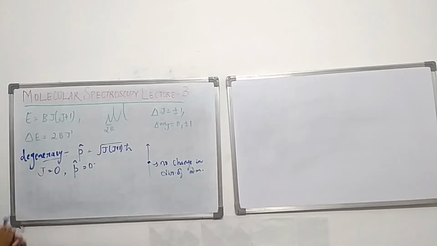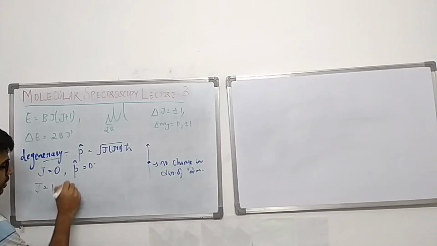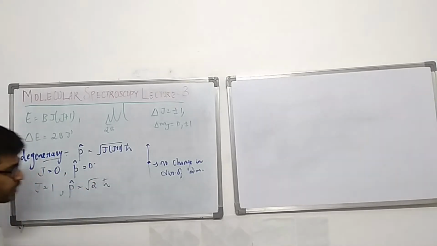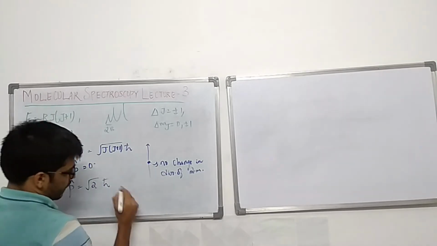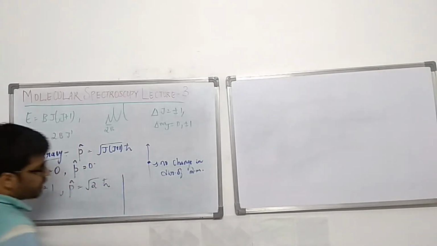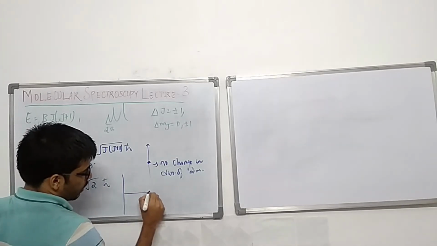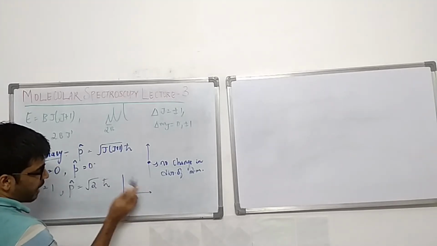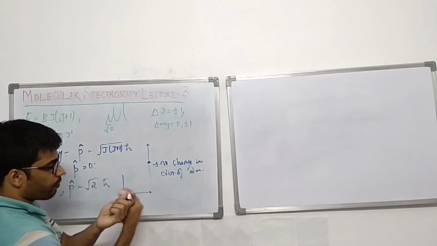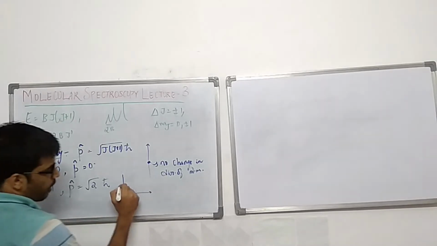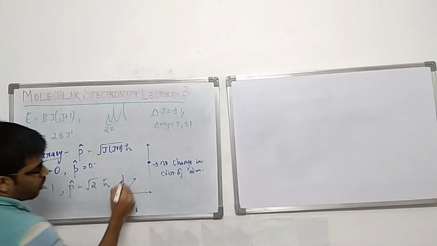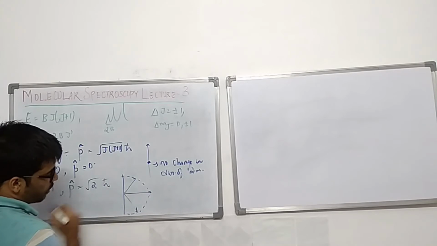Okay, fine. But if my J equals 1, I get P cap to be root 2 h cross. Now, how can you project this? Let's say you have a diatomic molecule and it is rotating along this axis in this way. And there are two more possible modes of rotational motion for this.